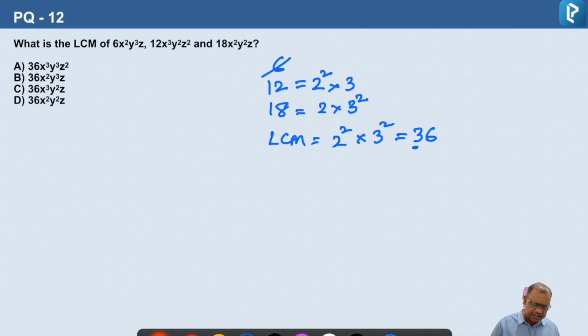The LCM is 36 for the coefficients, and the highest powers of x, highest power 3, and y highest power is 3, and z highest power is 2. 3, 3, 2. Again, option A is the correct answer.